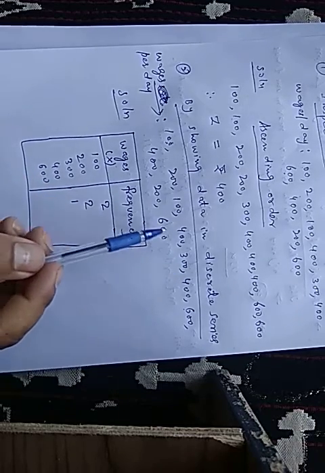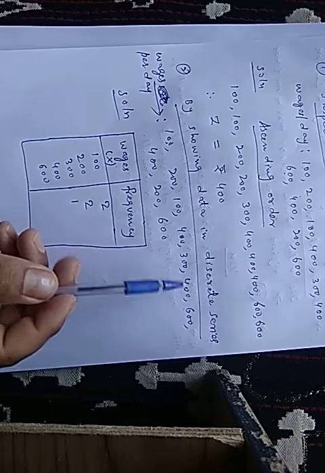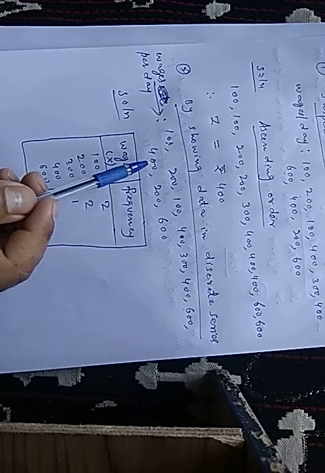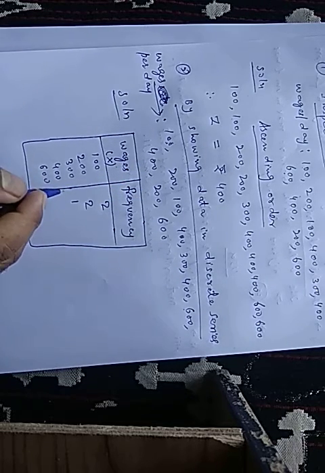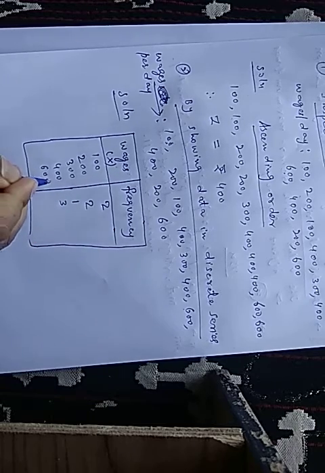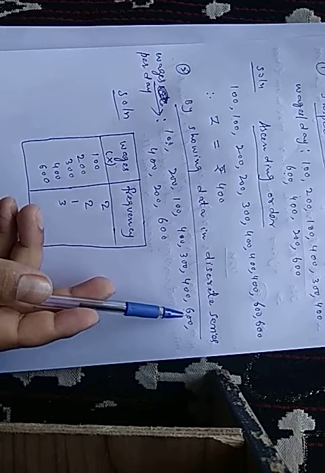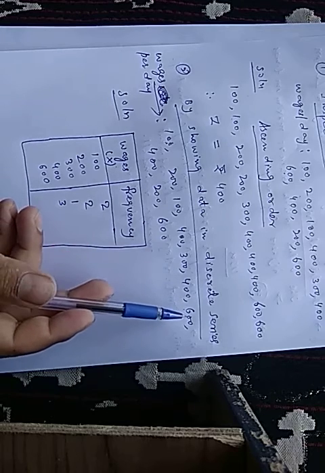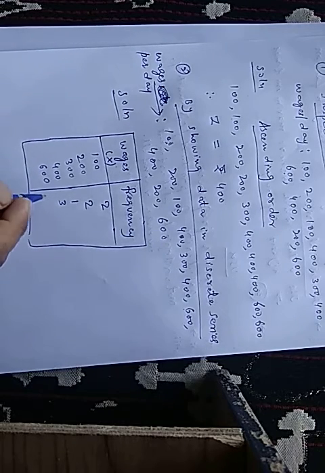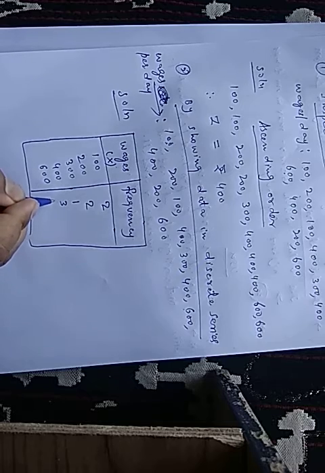And 400 appears 3 times in a given series. And the value 600 repeats 2 times, therefore its frequency is 2.